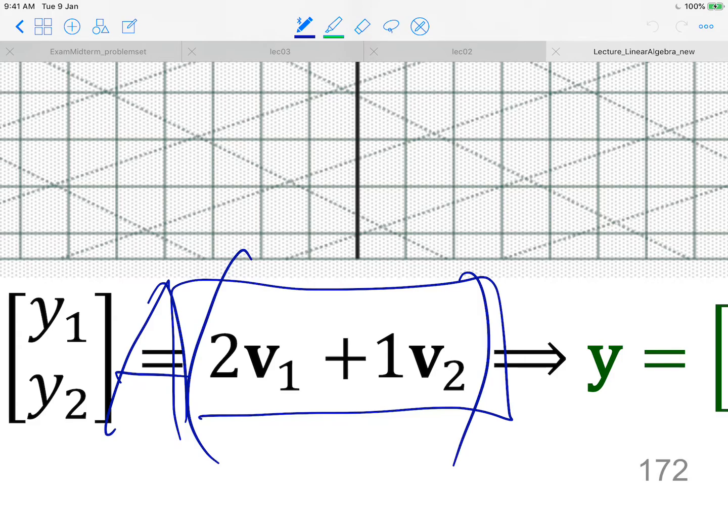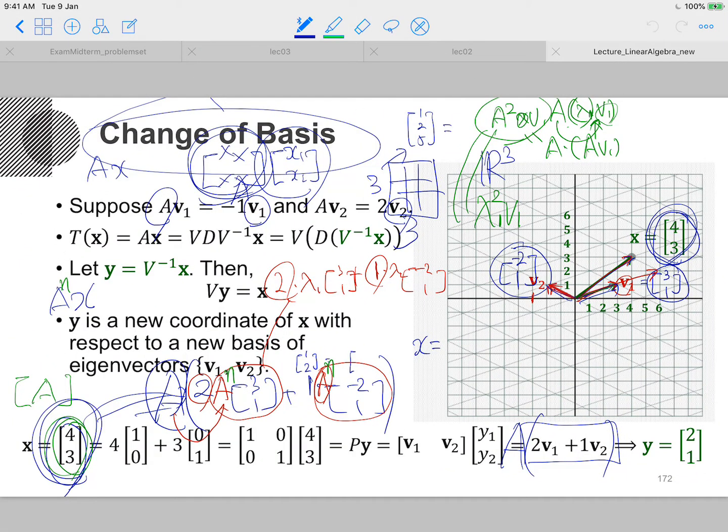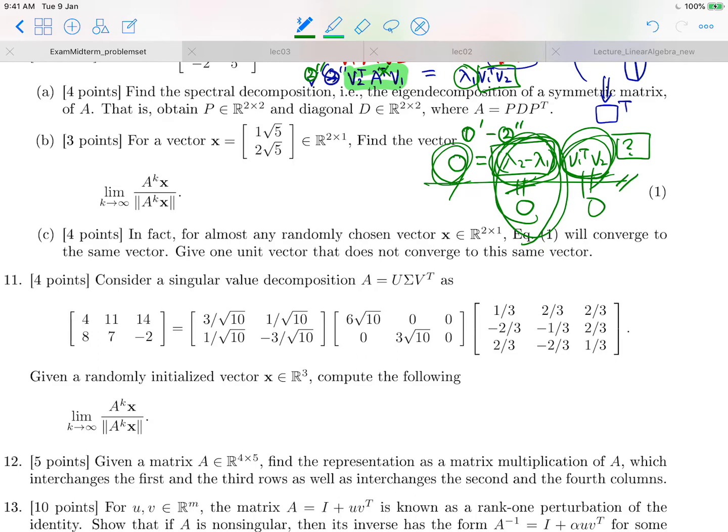So eventually, if we keep multiplying A over and over, it will give us the eigenvector with the largest eigenvalue. This is called power iteration, and it is a really simple algorithm to obtain the largest eigenvalue and corresponding eigenvector.